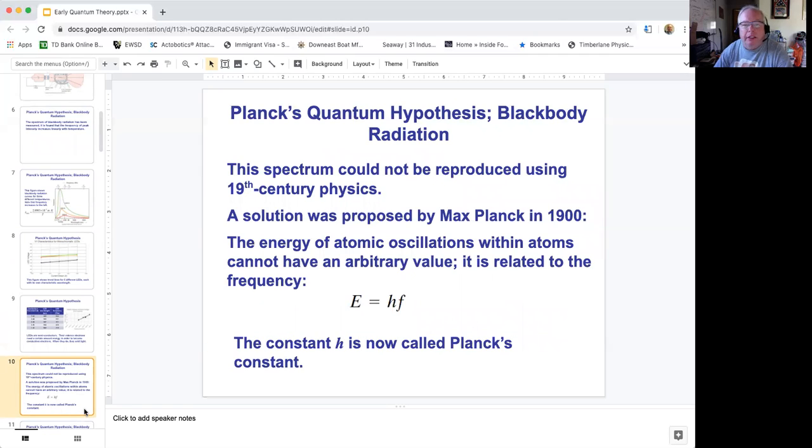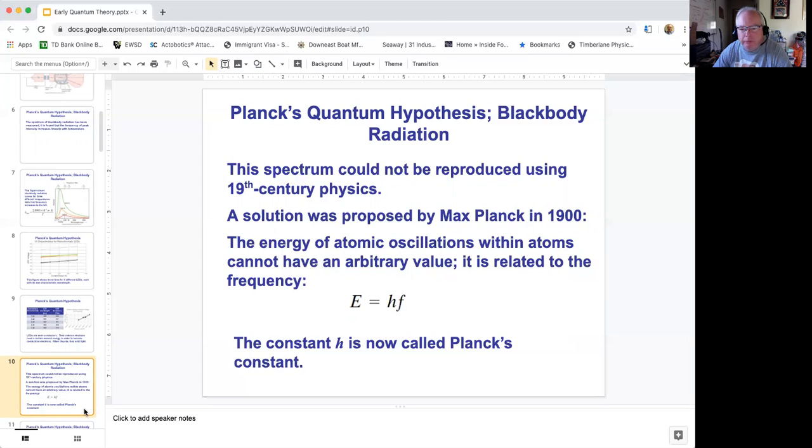So now we take a look at the original quantum hypothesis. What is light? Is it a wave? Is it a ray? Is it a particle? And if we take a look at those 2 pieces of evidence I just shared with you, how do you connect frequency to energy?